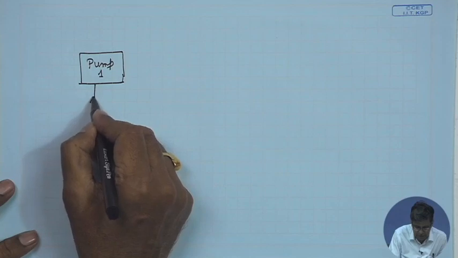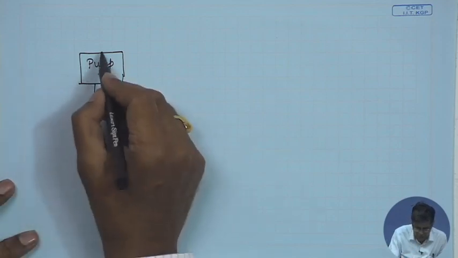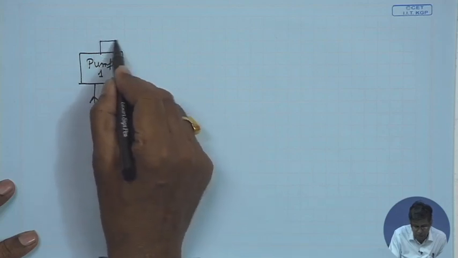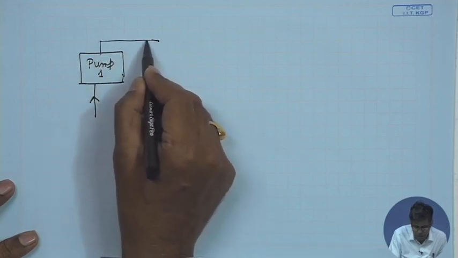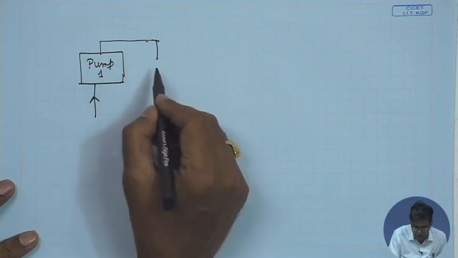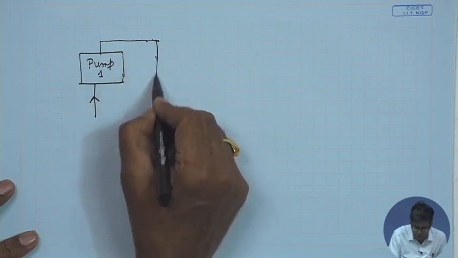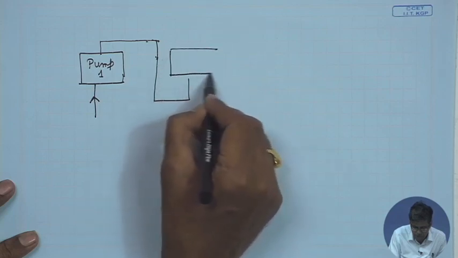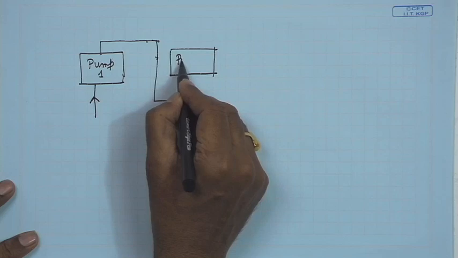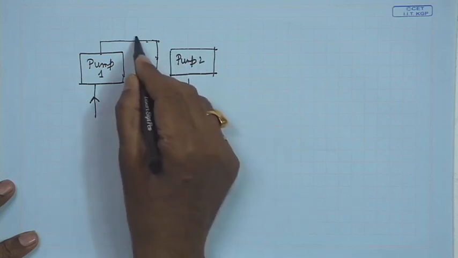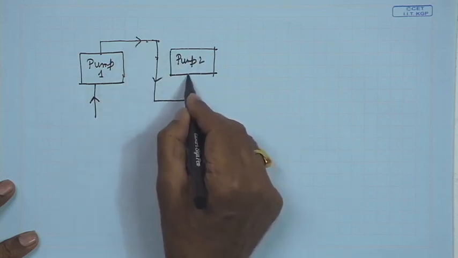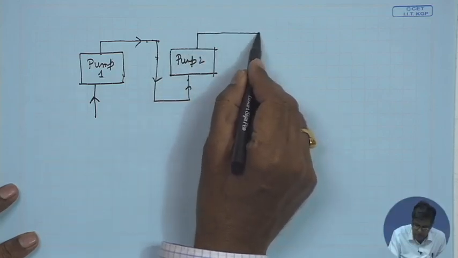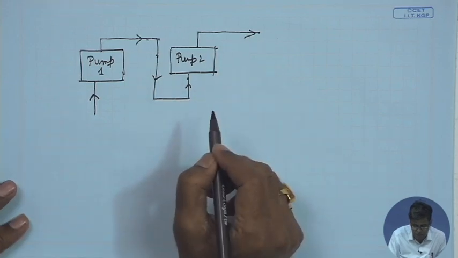This is the inlet of pump 1, and the outlet of pump 1 goes this way to the inlet of pump 2, and ultimately the outlet of pump 2. Let us consider this the final discharge.